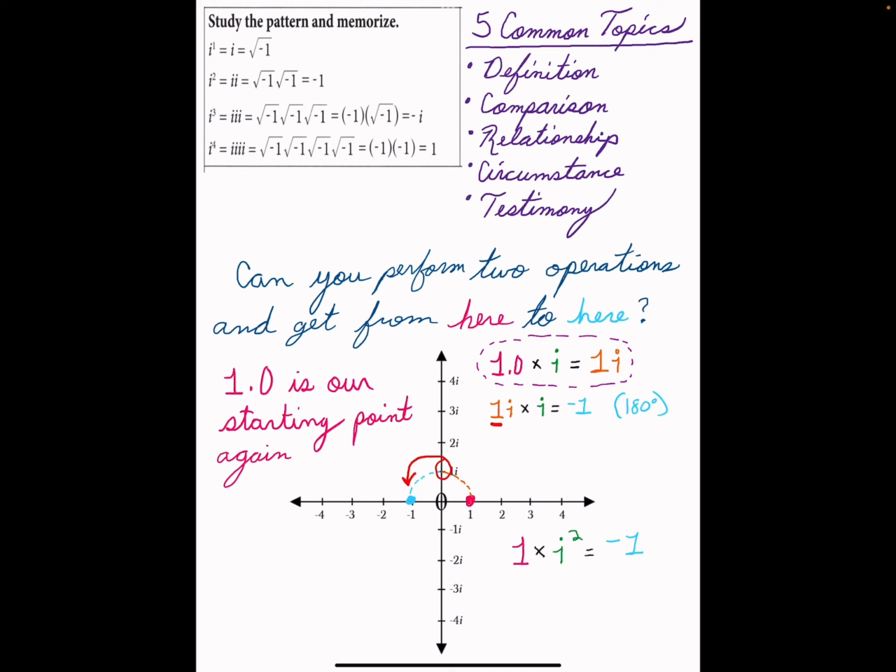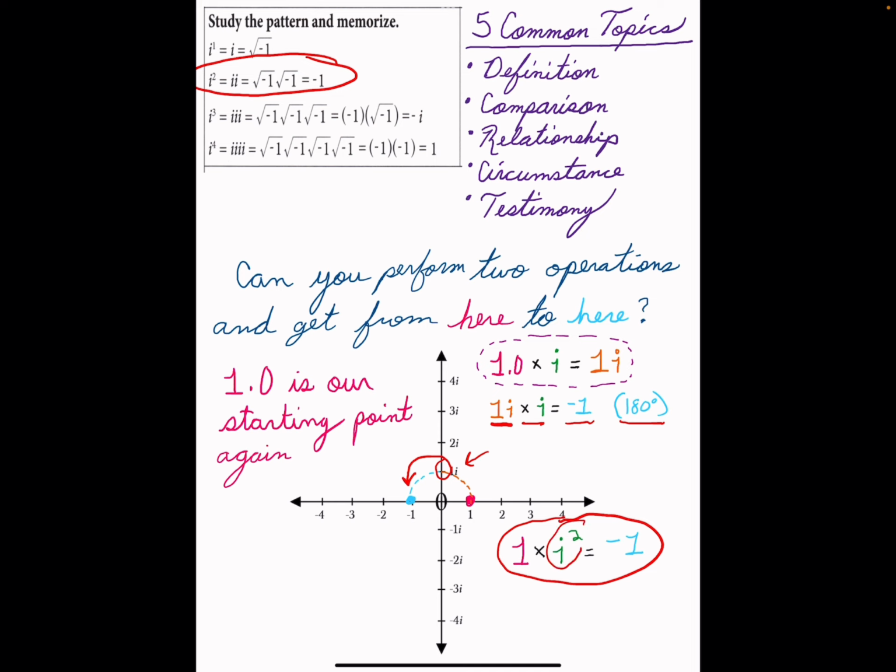So 1I right here times I is going to land us at -1. And that is a total of 180 degrees. And that is the same as our original piece of information here, that I squared is -1.